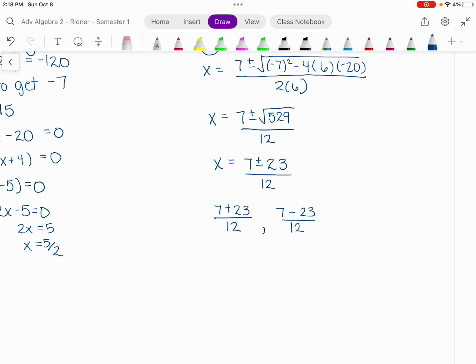So this will give me my positive answer, which ends up being 30 over 12. And then, this one ends up being 7 minus 23, which is negative 16 over 12.